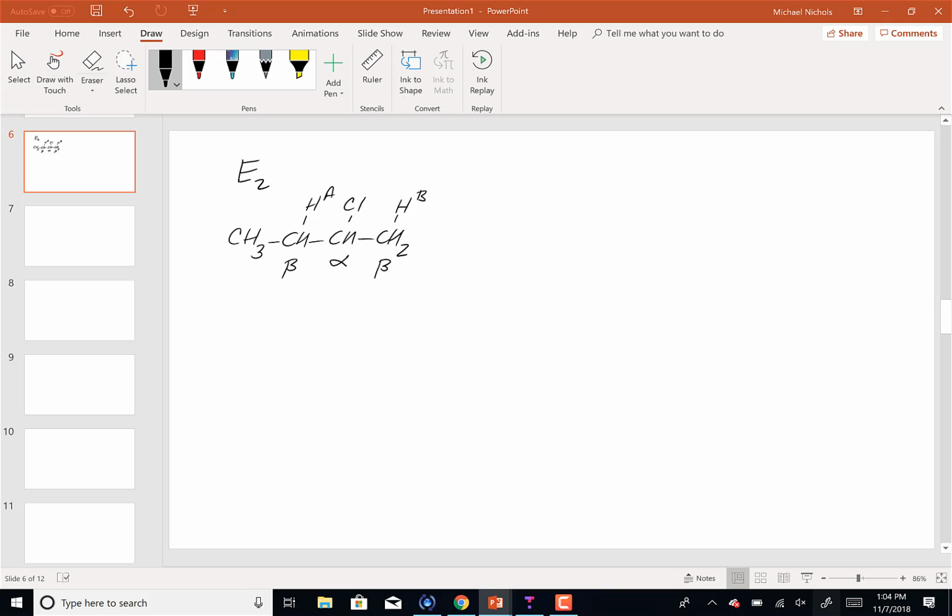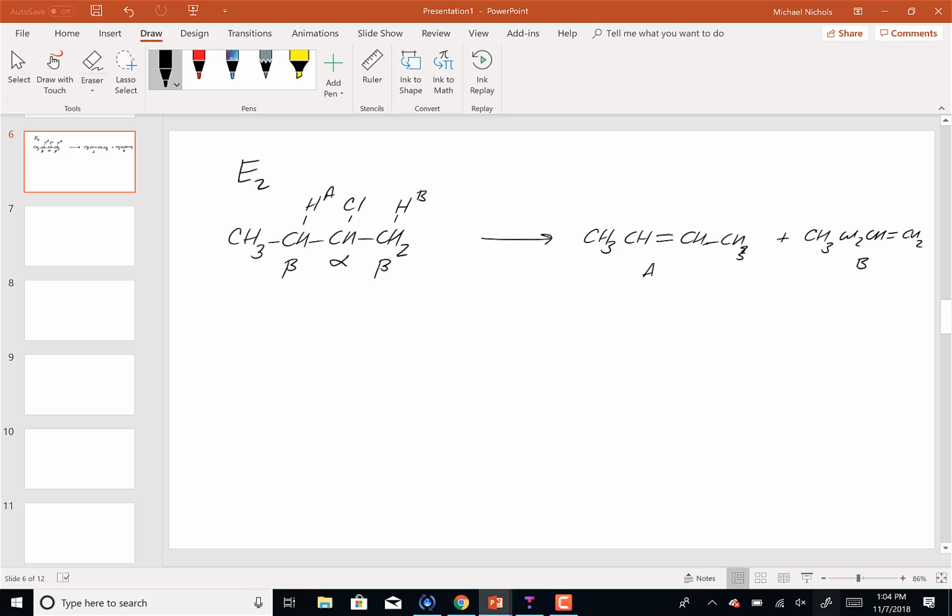So in terms of writing the product of this reaction, product A would have the double bond in the 2 position, and product B would have it at the end, depending on whether I lose beta hydrogen A or beta hydrogen B. Okay.